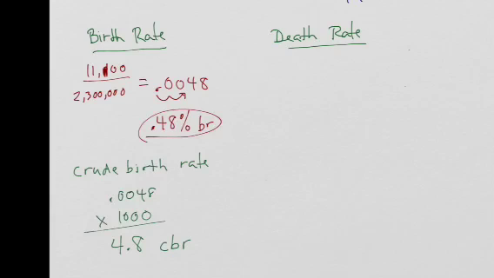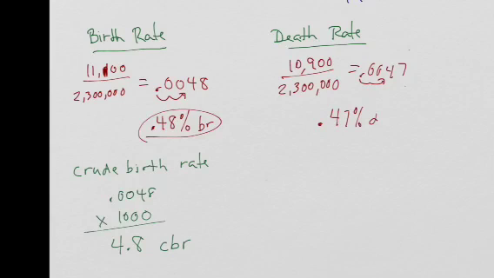All right, so let's do the same thing for the death rate. There were 10,900 people per year that died here out of 2.3 million. So again, that's 10,900 divided by 2.3 million. I got 0.0047. So again, to change this to a percent, I'll do 0.47%, and that would be the death rate.